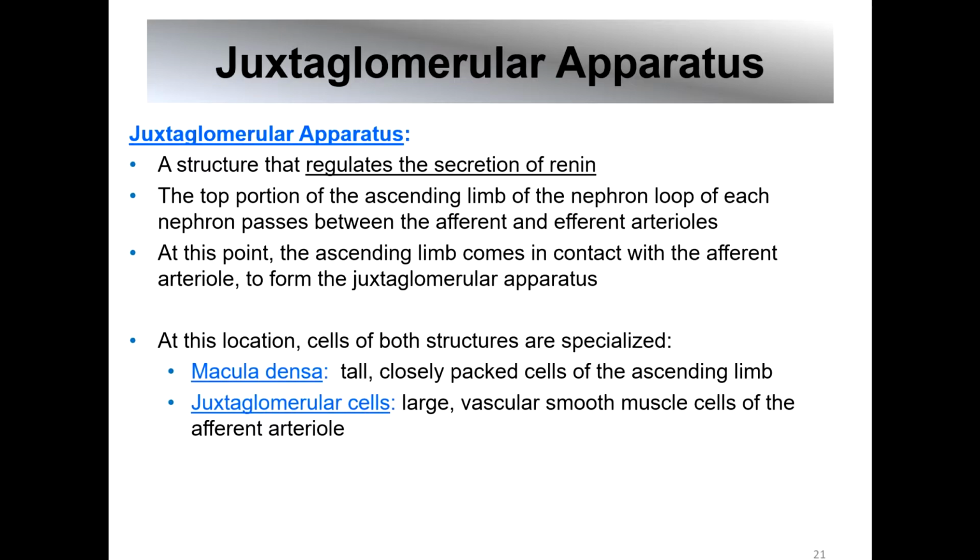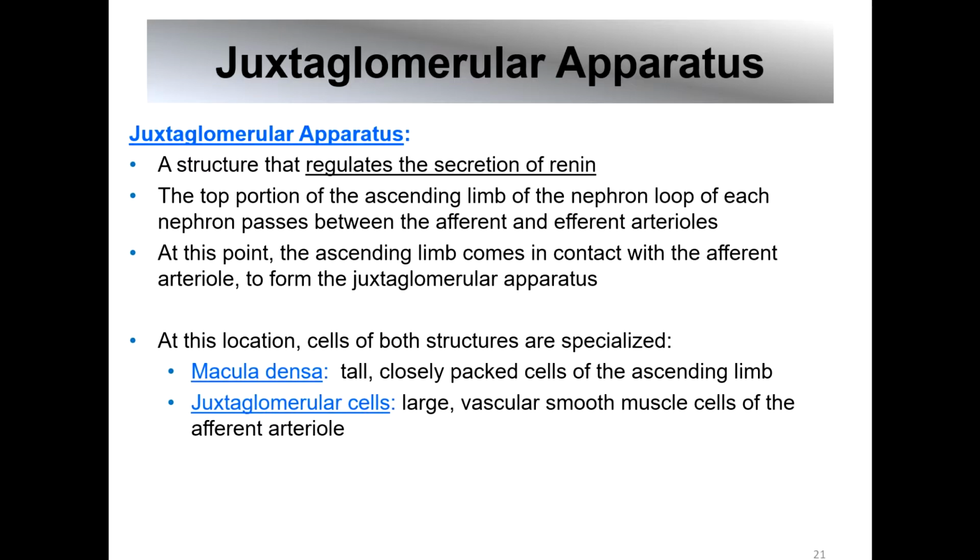So the juxtaglomerular apparatus involves cells in the distal convoluted tubule as well as cells surrounding the capsular space there, which are going to detect ion concentration as well as blood pressure. So you have a region called the macula densa or dense spot, which has tall, closely packed cells found in the ascending limb.